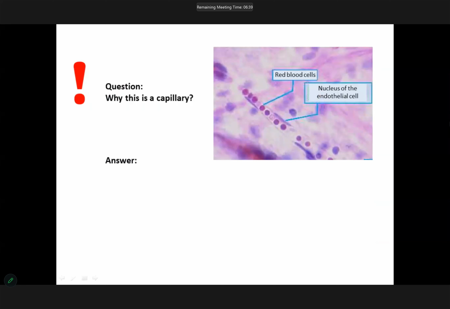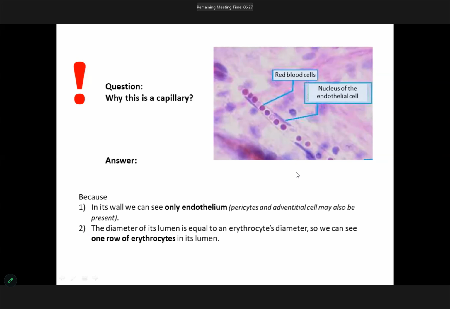So, important information. You should be able to name the blood vessel and explain why you think so. For example, why is this the capillary? Your answer: because, first, its wall has only endothelium, so these are cell nuclei of endothelial cells, but pericytes and adventitial cells may also be present.